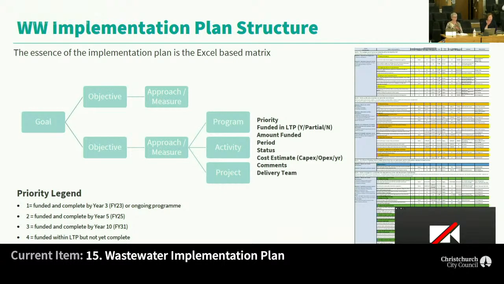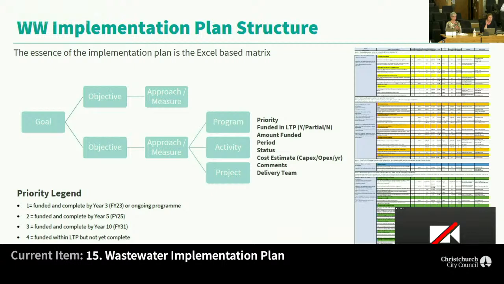In terms of structuring of the plan that we've put forward, really the essence of the plan is the Excel-based spreadsheet, which is, I realize at the back end, we did include some wording just to explain some of the projects and programs.